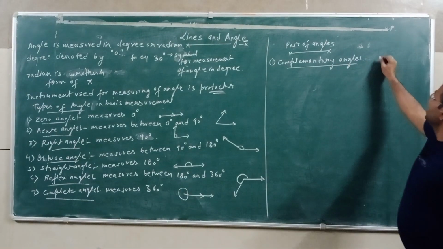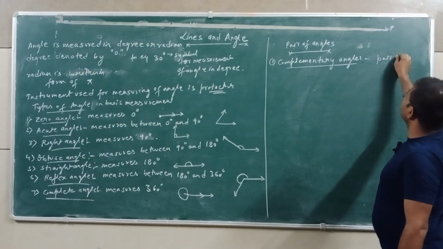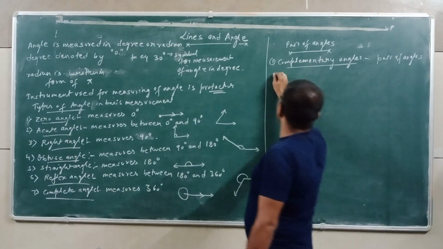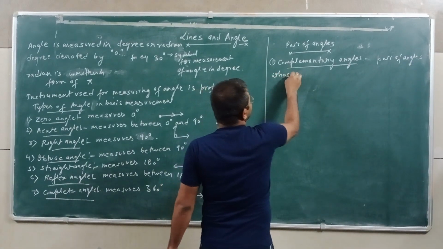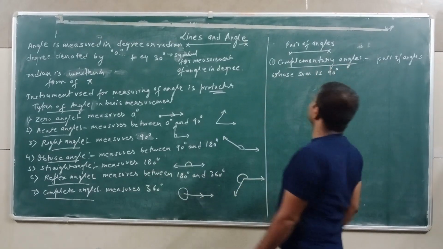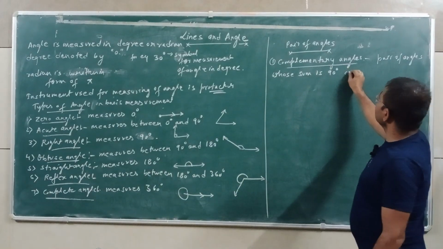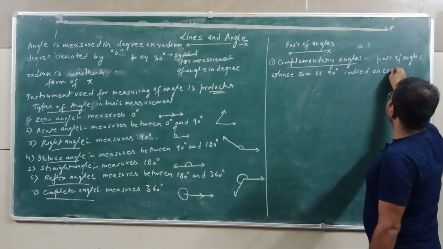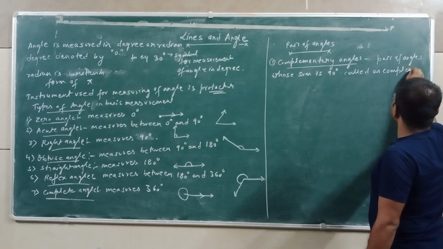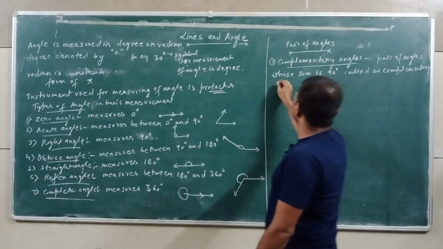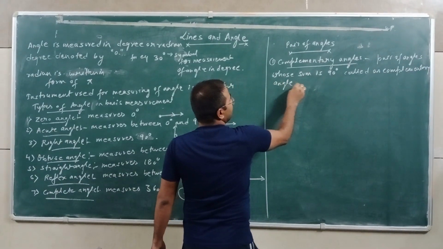Complementary angle means a pair of angles whose sum is 90 degree. A pair of angles whose sum is 90 degree is called complementary angle.